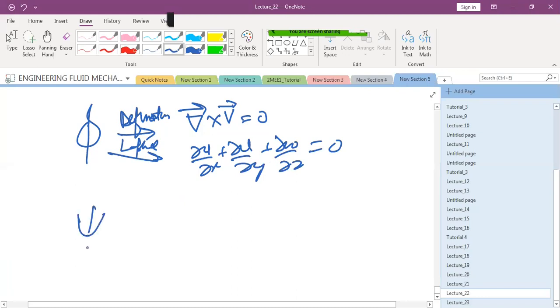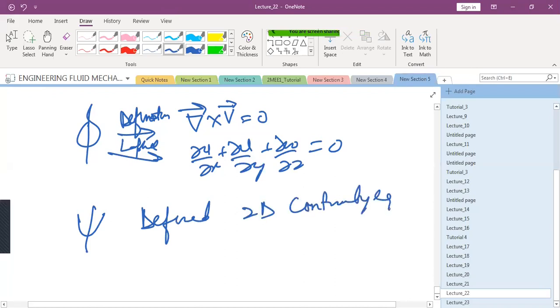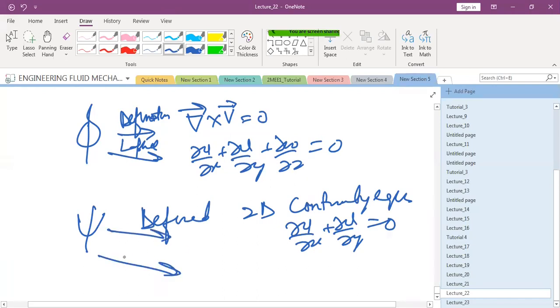As far as psi is concerned, we defined psi with the 2D continuity equation, that is, curly u by curly x plus curly v by curly y is equal to 0, or it could be any other two dimensions also. Instead of xy, there could be yz or zx. This was the definition. And what about Laplace?